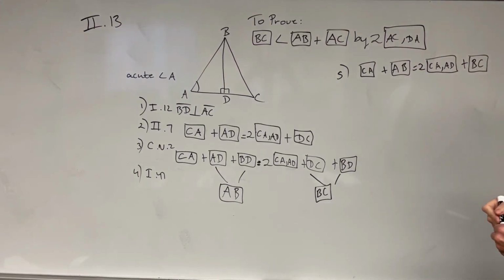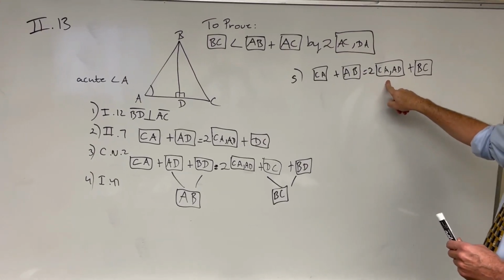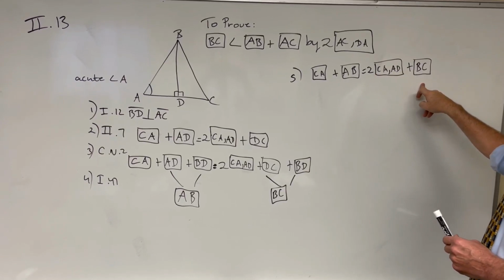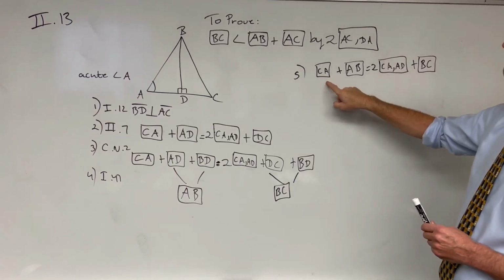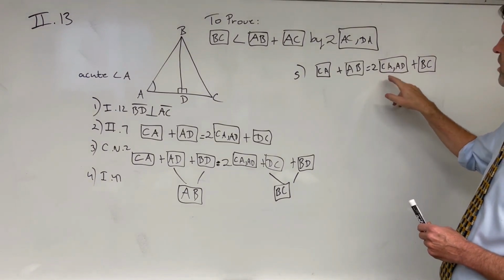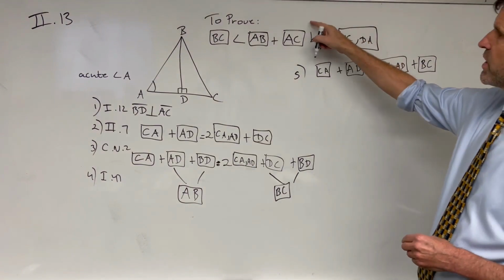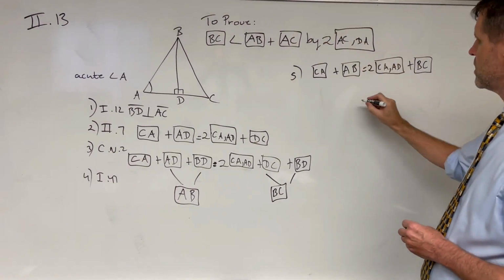Which means if we subtract twice the rectangle CA, AD, then we'll be left with the square on BC being less than the squares on CA and AB by exactly that amount, namely twice the rectangle contained by CA and AD, which is what we're trying to prove right here, QED.